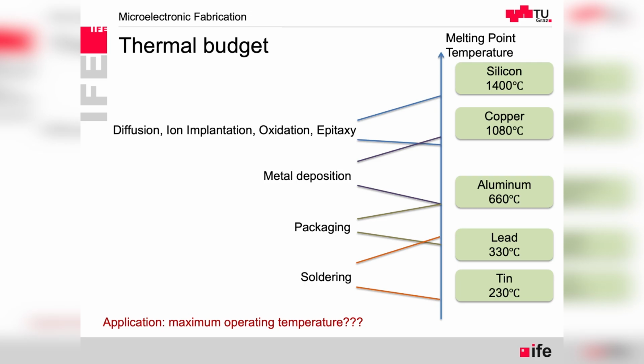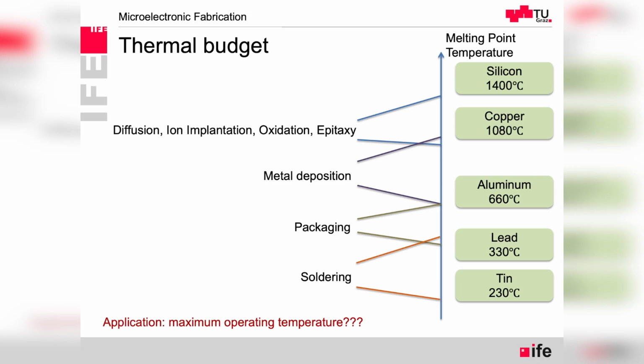Then there is the metal deposition, from copper down to aluminum inside the integrated circuits. But we might also have some other metals taking part, for example, as aligners. So certainly these temperatures are also playing a critical role.